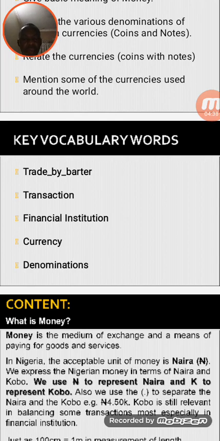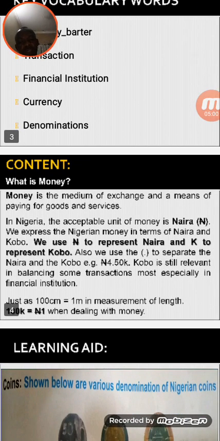So denominations, that's money in different values now. Denominations. We are not talking about religion here. We are talking about money. So different denominations means money with different values. Now I have your content here.